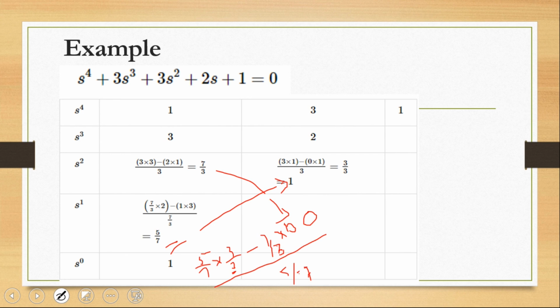So this is anyway 0, 3 and 3 is 1, 5 by 7 cancels. So we have 1 over here.